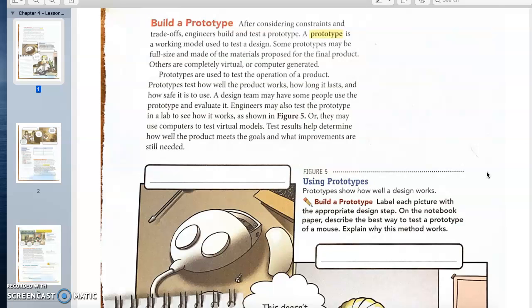I'd also underline how well the product works, how long it lasts, and how safe it is to use. Finally, I'd go down to the bottom of the paragraph and underline where it says, test results help determine how well the product meets the goals and what improvements are still needed.